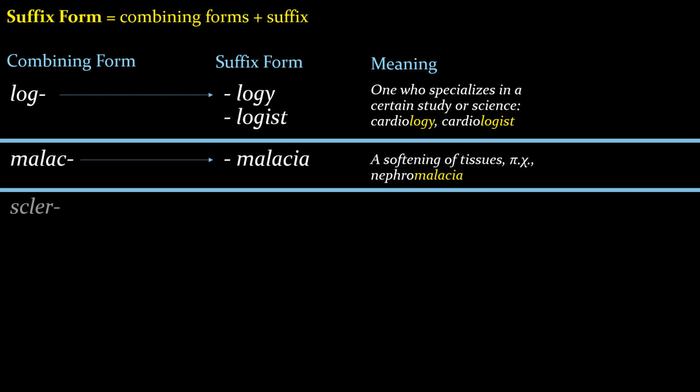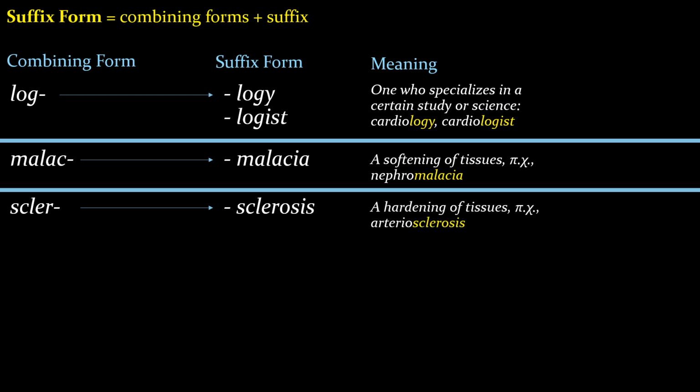Moving right along, we have our sclera, and you might have already guessed it, it's often combined with osis, a suffix again we've already learned. So a sclerosis is a hardening of tissues like arteriosclerosis. Do you remember what arterio means from the last episode?